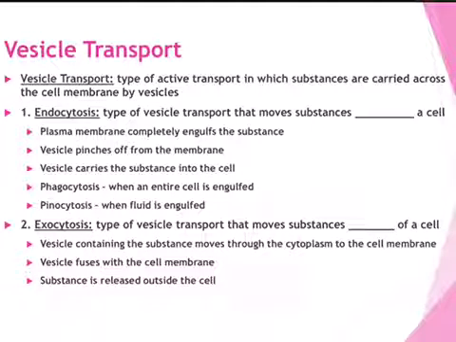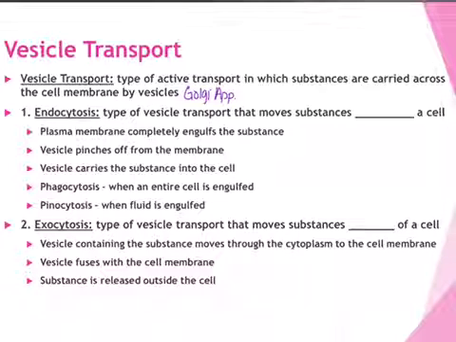A second type of active transport is called vesicle transport, and there are two types of vesicle transport. Vesicle transport is a type of active transport in which substances are carried across the cell membrane by vesicles. This would be one way that the Golgi apparatus gets proteins to the outside of the cell.